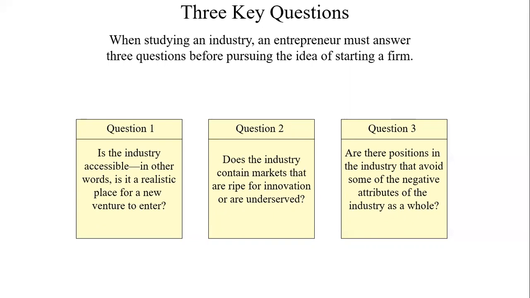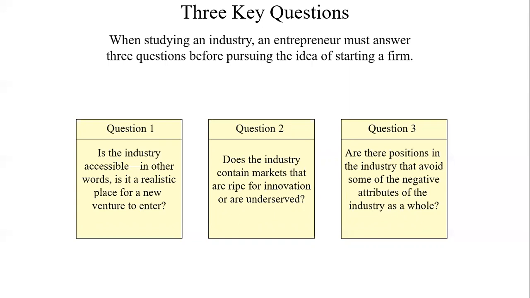So as a would-be entrepreneur, these are the three plausible questions that you must answer, and the outcome of the answer will also determine the essence or the degree, extent to which you must pursue your idea or not. So what is the first question? The first question is, is the industry accessible?